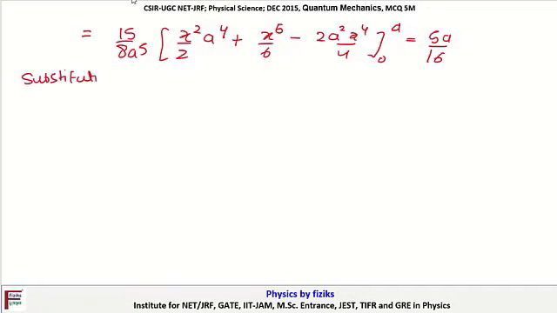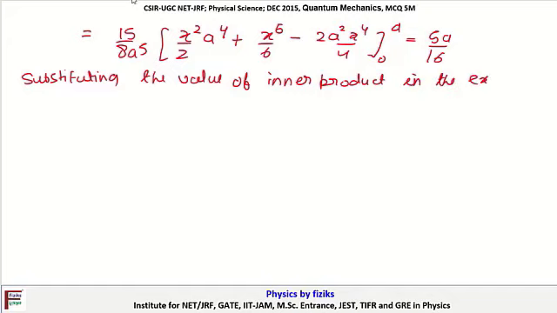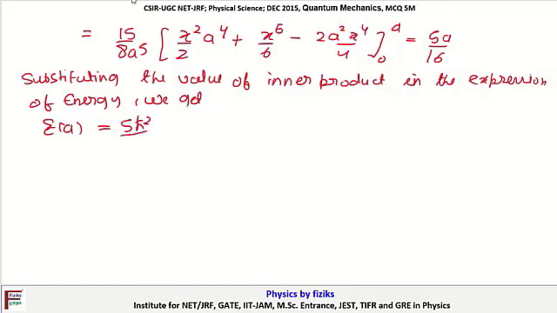Substituting the value of inner product in the expression of energy, we get E of a is equal to 5 h square by 4 m a square plus 5 g a by 16.